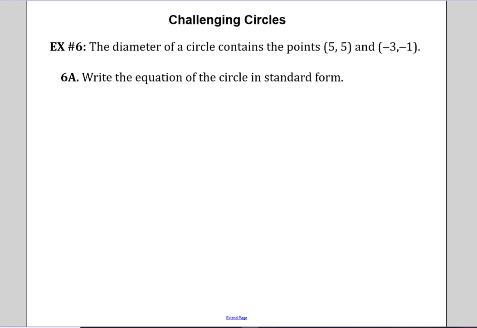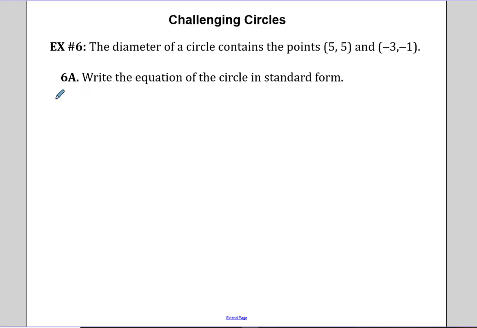Then in example 6, a couple of challenging circle questions for us here. So if the diameter of a circle contains the points (5, 5) and (-3, -1), can we write the equation of the circle in standard form? There's a couple of ways to go about doing this.